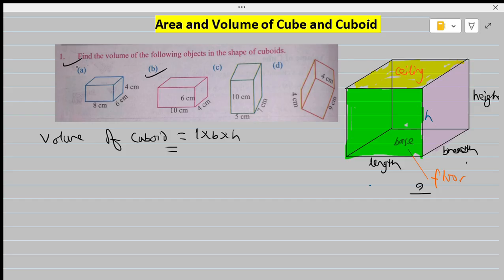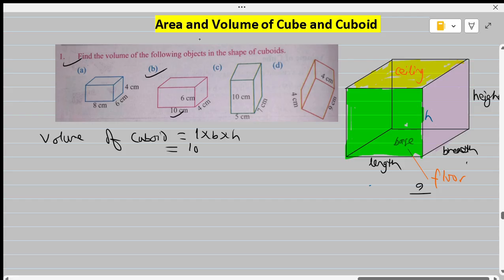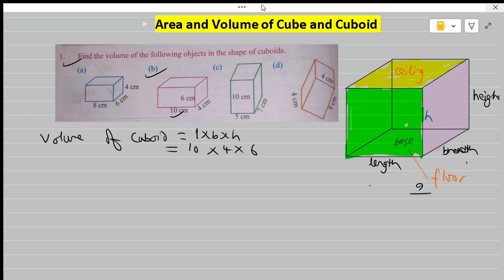So here length is 10, so in place of length we keep 10. Breadth is 4 and height is 6. I'm just keeping numbers, but actually these are 10 centimeter, 4 centimeter and 6 centimeter. Centimeter, centimeter, centimeter multiplied 3 times, so you'll get the unit of volume as centimeter cube. So 6 4s are 24, 24 and 10, 240.